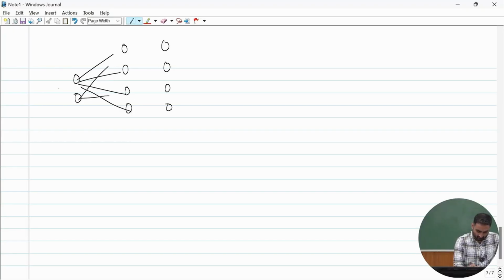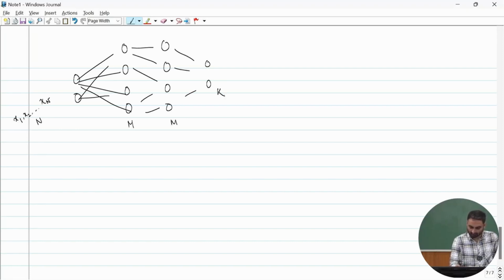Let's say there are n number of inputs, as I mentioned, x1, x2 dot dot dot xn, right? There are m number of neurons, also connected, and there are k number of outputs.